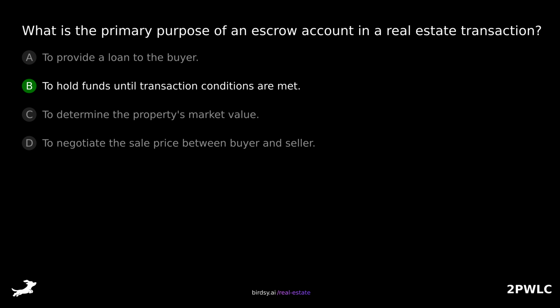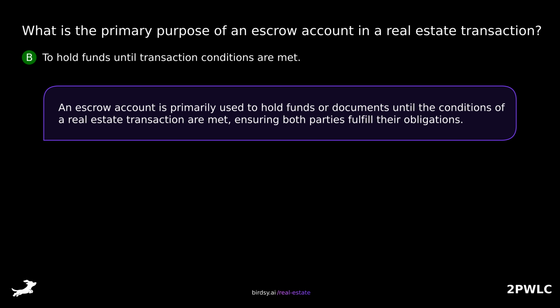The answer is B, to hold funds until transaction conditions are met. An escrow account is primarily used to hold funds or documents until the conditions of a real estate transaction are met, ensuring both parties fulfill their obligations.